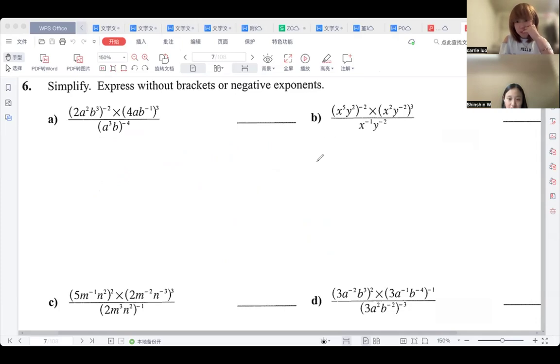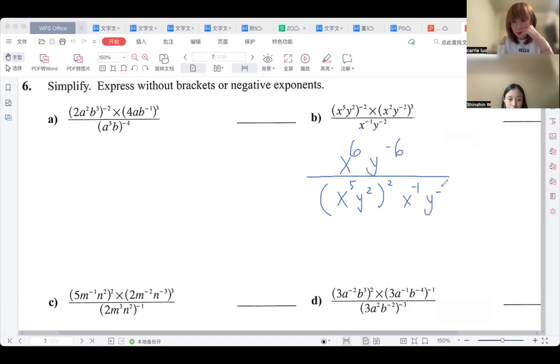Did you finish number B as well? Yeah. Okay, so let's take a look at number B. Because this one is negative, I immediately put them on the other part. This one is x power 6 and y -6. And this one x -1 and y -2. Since it's x -1 and y -2, I can just immediately put them on the top.